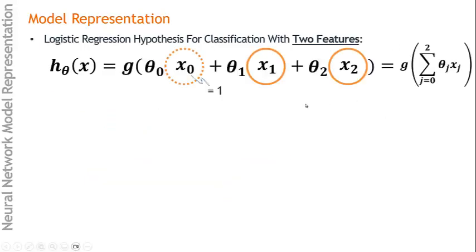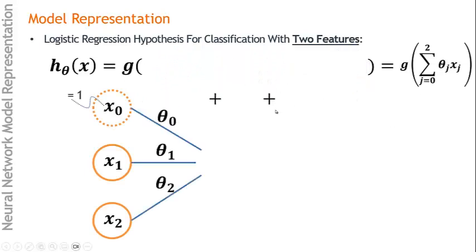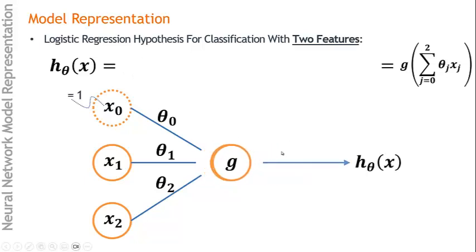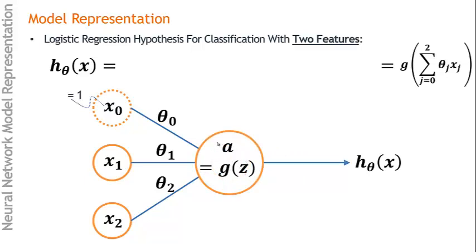Now, when we did logistic regression, similar structure with weights, but then we applied a nonlinear function to the result. Okay? So we can combine this nonlinear function with a linear combination and represent the combined operation as a single node. Now notice here this x0 is circled in dotted. We'll explain why later, but for now you can just notice it. So if we continue, we simply label this node as A.